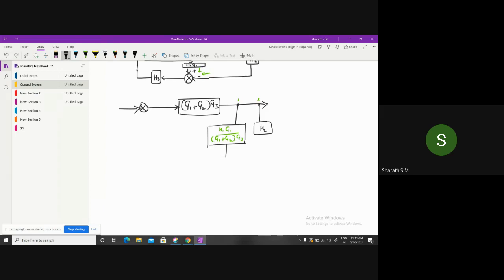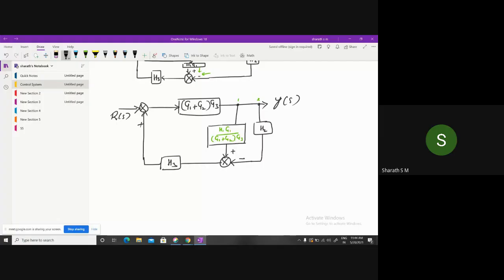So look at the summation point now. Afterwards here retained with H3. So these two are in parallel. Here it is minus for H2.